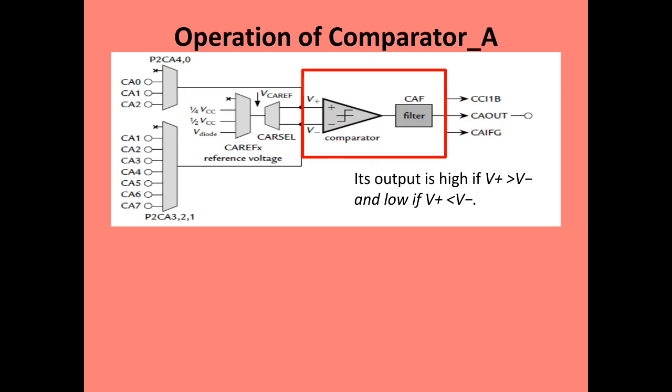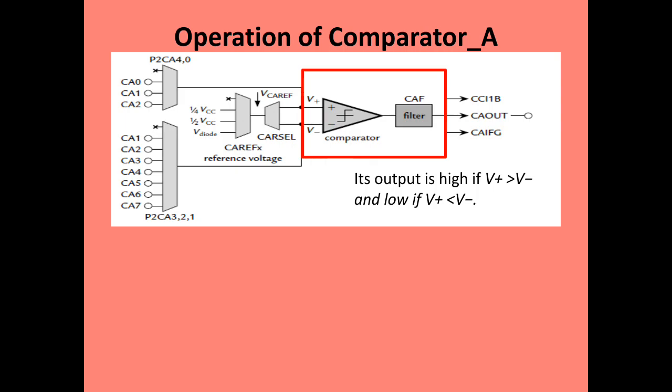So this produces an output of 1 if V plus is greater than the reference voltage. The output is 0 when V plus is less than the reference voltage, that is V minus.